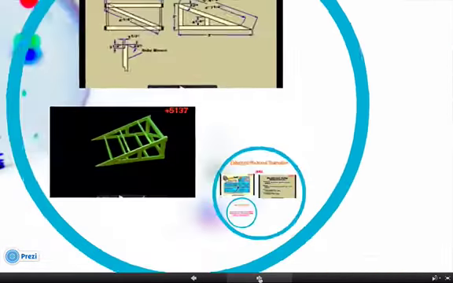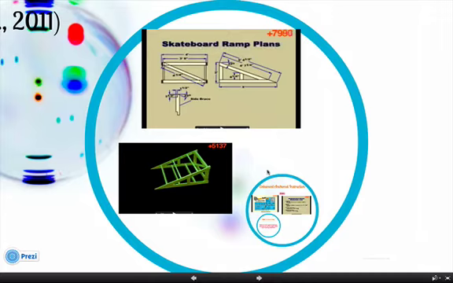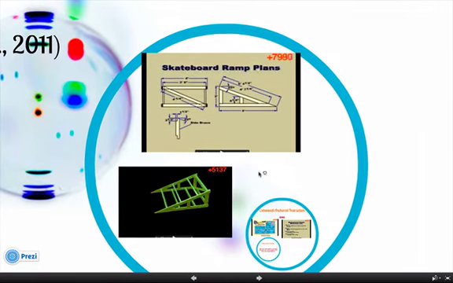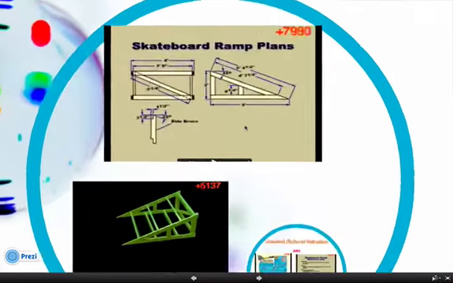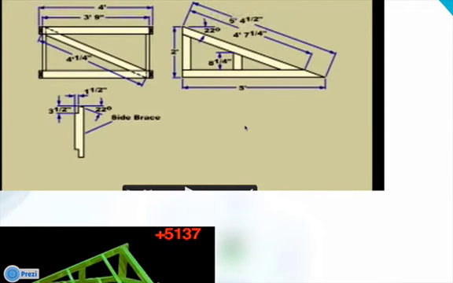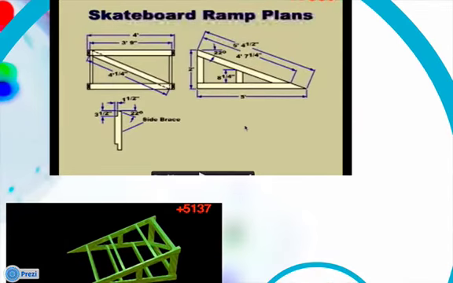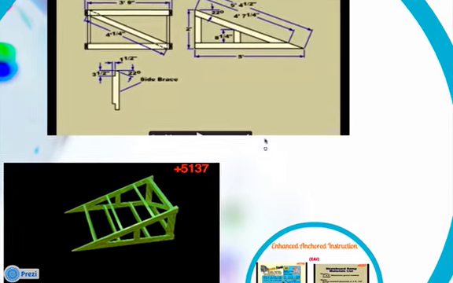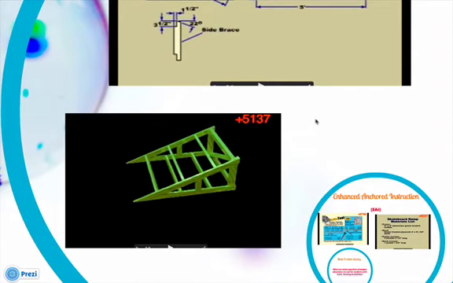Next, you can look at the skateboard ramp plans here and the dimensions. So once you have your pieces of wood, you look at the dimensions, and now you know how to build it. Down here is a computer animated picture of the skate ramp, how it's going to look.